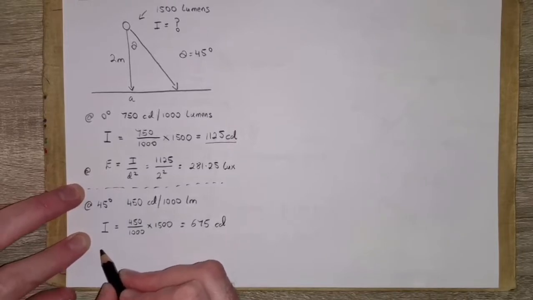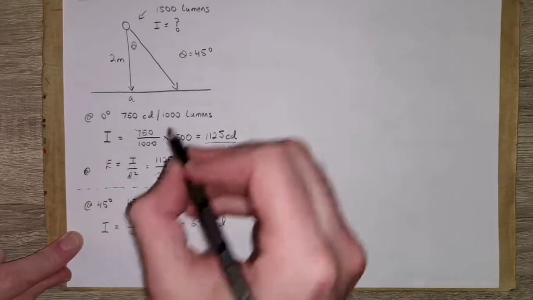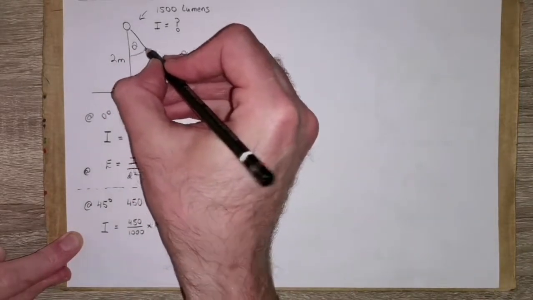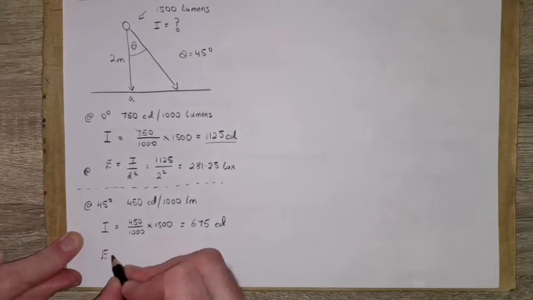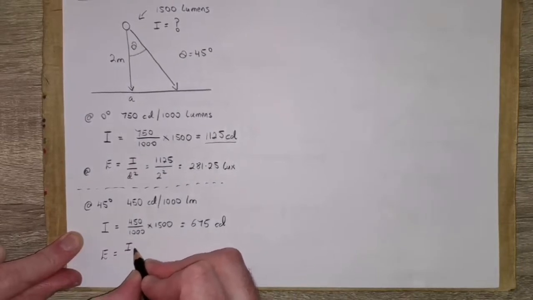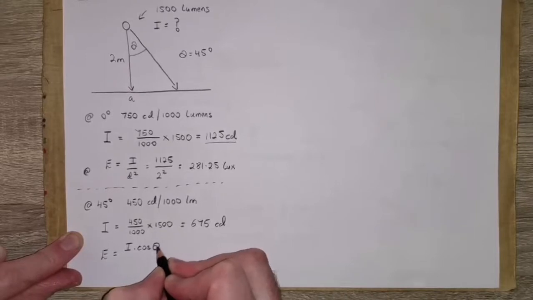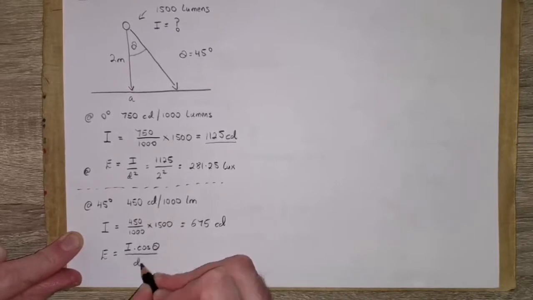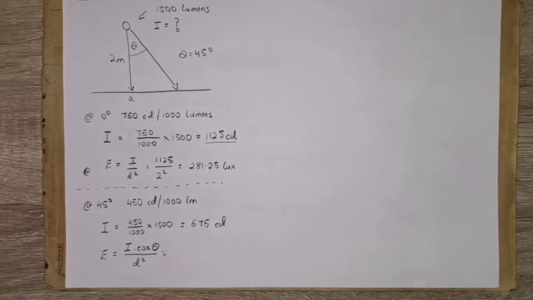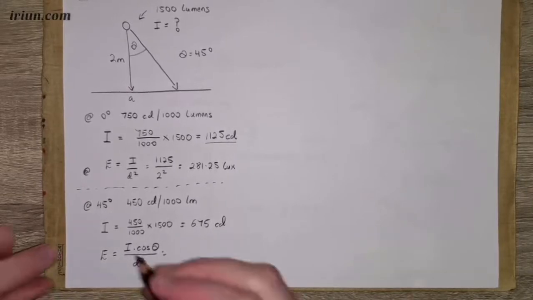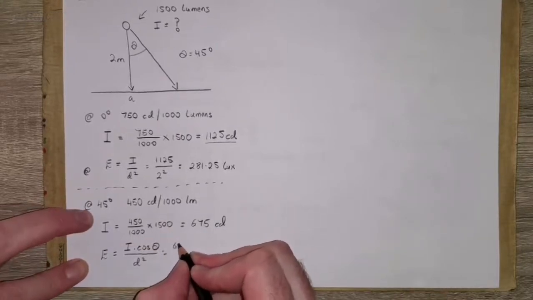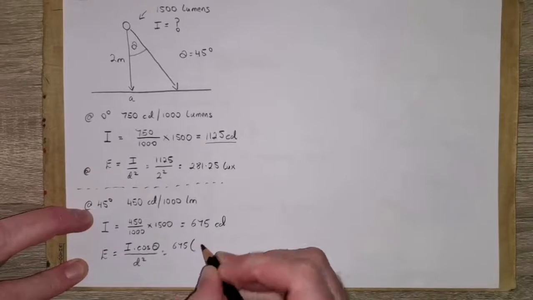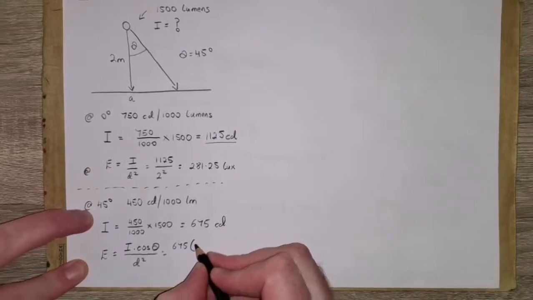And we have to use the version of this that is for non-perpendicular arriving light. So it becomes I times the cosine of theta squared. So now using a slight bit of trigonometry, we can work out that that's 675 multiplied by 0.707.